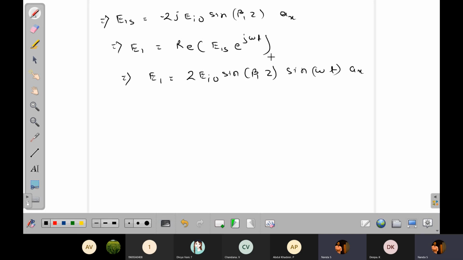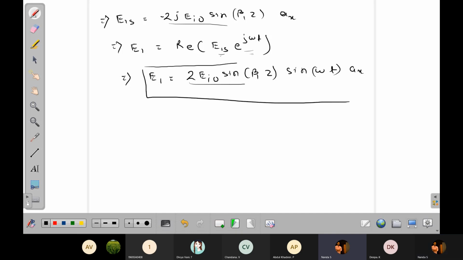The sine omega t is coming from here and this term is here. This is equation number 8.